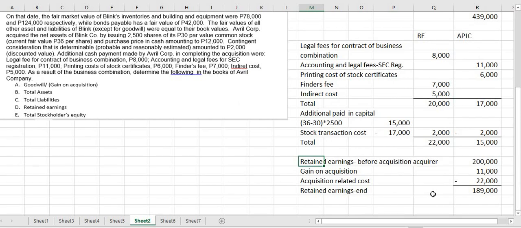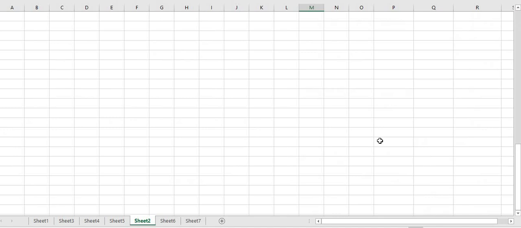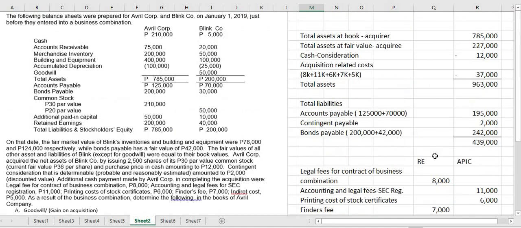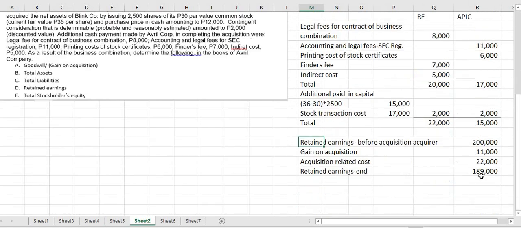Now, to compute for the total retained earnings, so yung retained earnings before acquisition ni acquirer, how much yung retained earnings niya? That's 200,000, okay? 200,000 yung retained earnings. Then, gain on acquisition, that's 11,000, di ba? Gain on acquisition, 11,000. And then, what else?